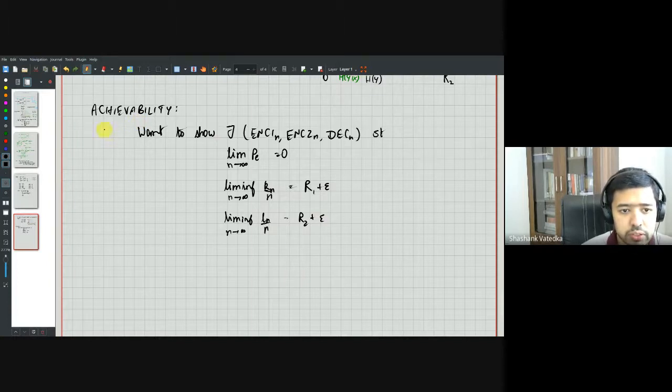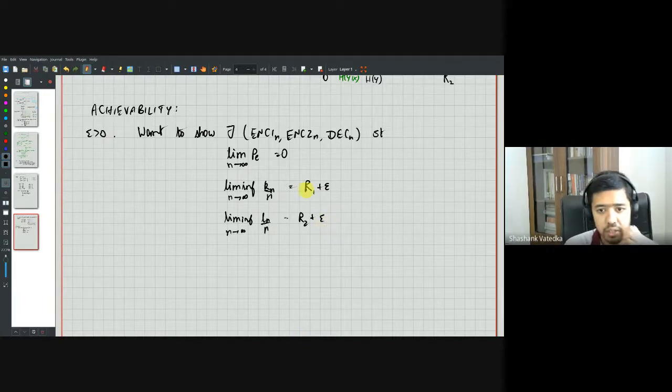So fix some epsilon greater than 0. So we want to show that this happens.